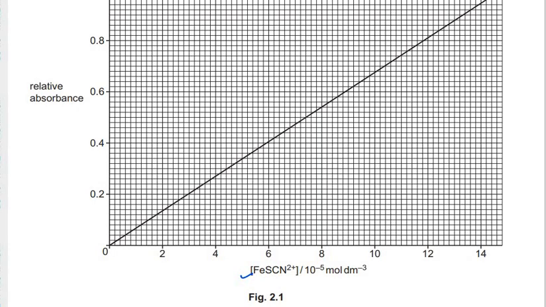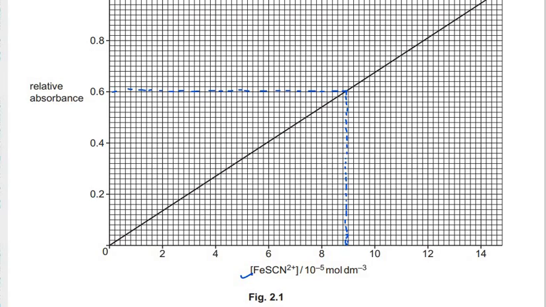Here is 0.60. We can draw a line. Obviously I'm not drawing the line with a scale because I'm drawing it on the screen, but you can use a scale to find the exact line to draw and find the concentration of ferric cyanide solution with the help of the graph.